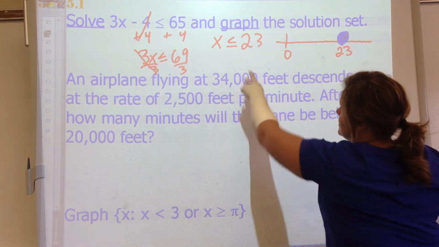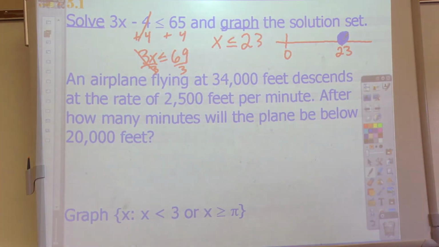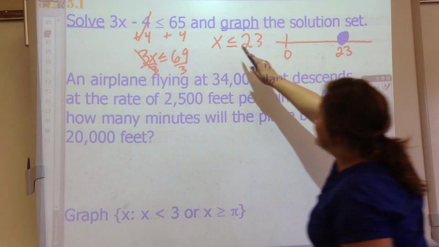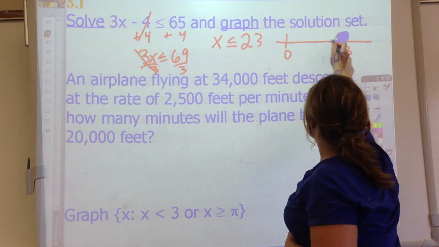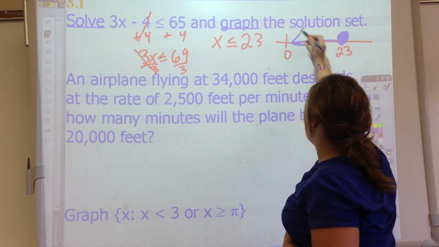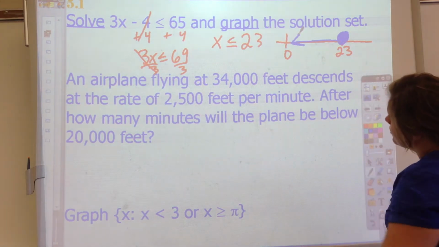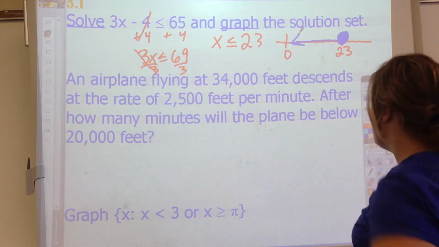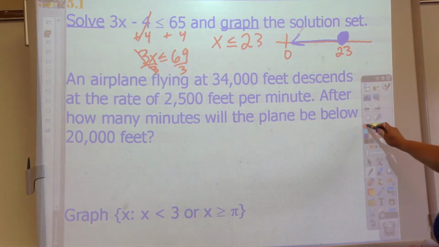If we didn't have this line of equality under here, we would denote that with an open circle. Open is not equal to that value, but when we close it in, it is. Now I want everything less than this value. So I am going to shade off to the left. Everything that is less than that, all the way down to negative infinity.